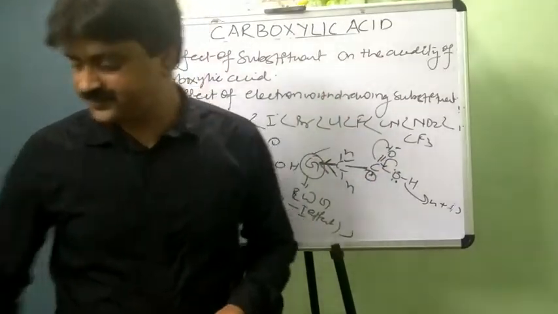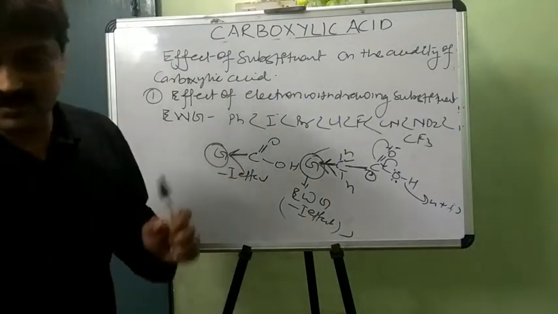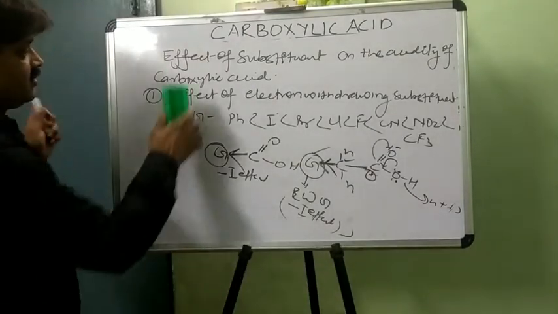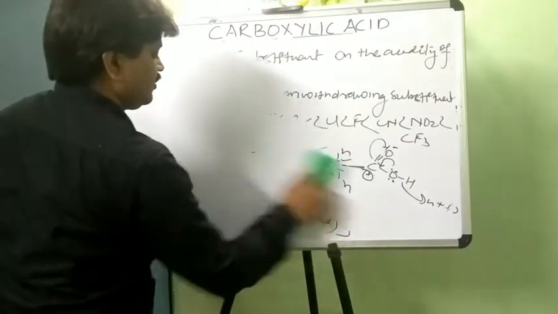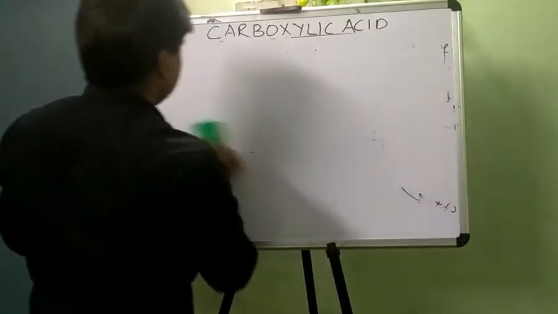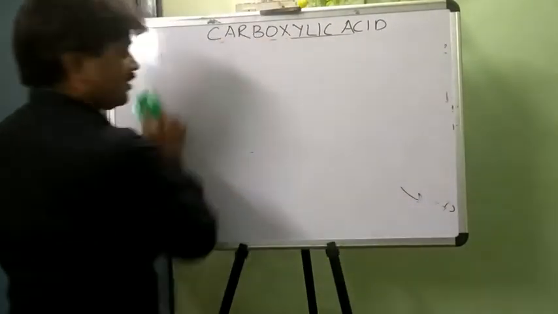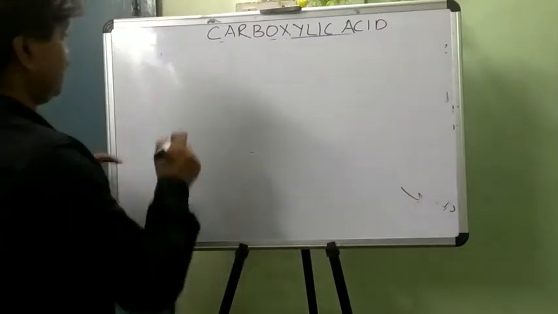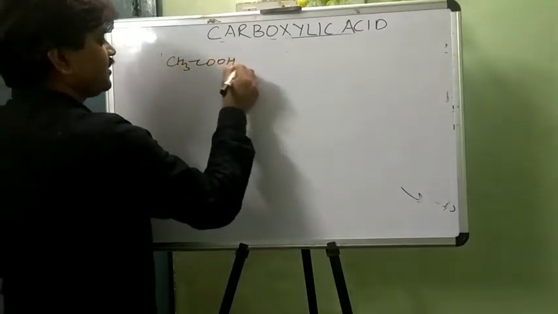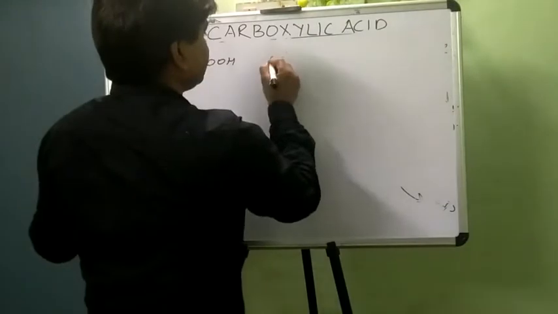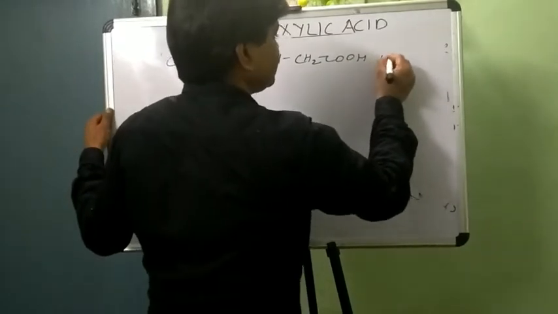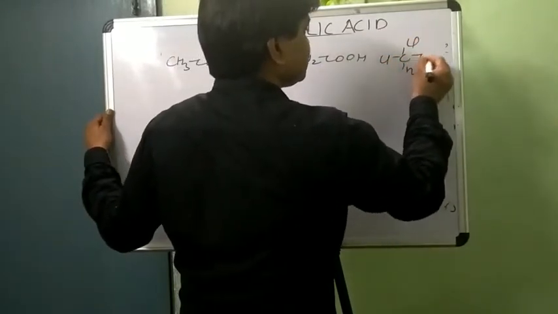For instance, just like here, the acetic acid CH3COOH, chloroacetic acid ClCH2COOH, and dichloroacetic acid Cl2CHCOOH.